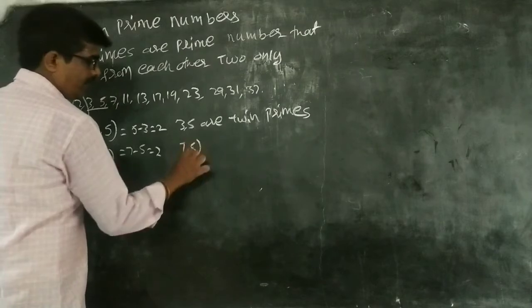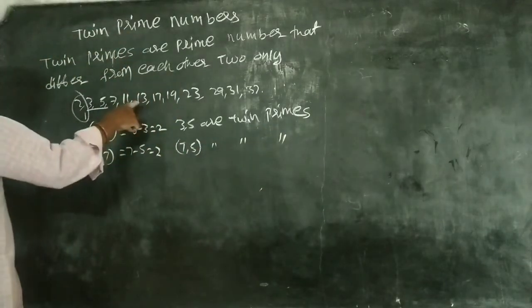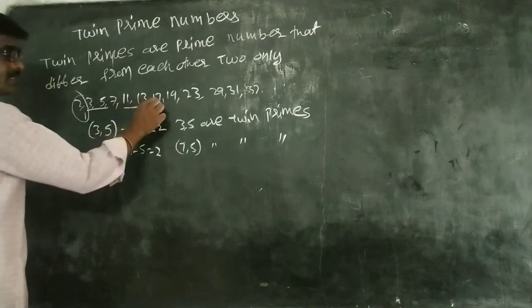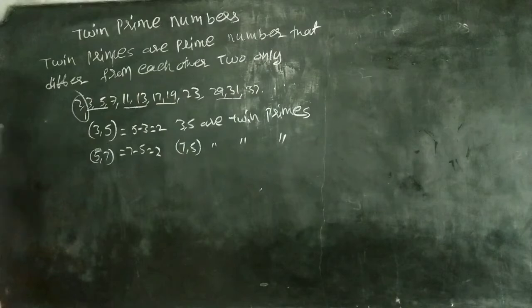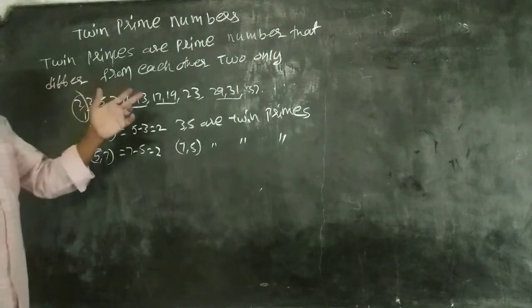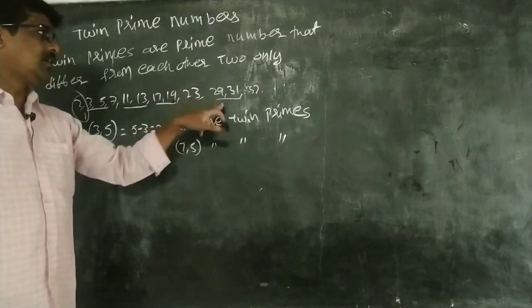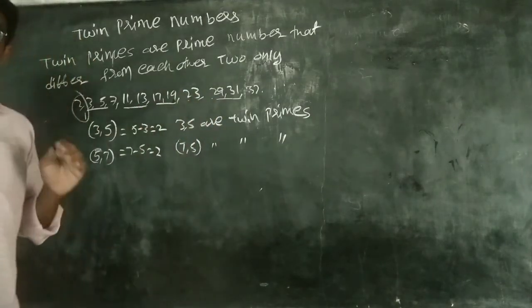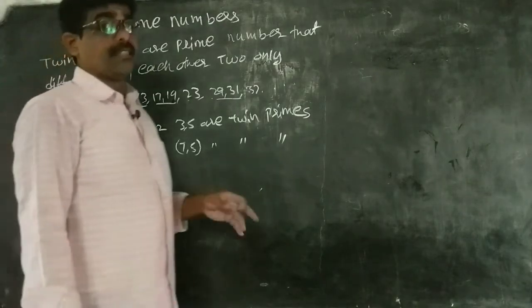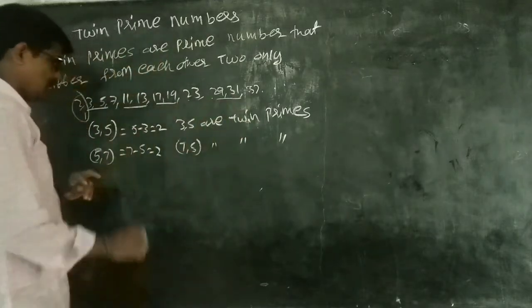Therefore 7 and 5 are twin primes. Similarly we also get 11 and 13, 17 and 19, and 29 and 31. For 23 and 29 the gap is 6, and for 19 and 23 the gap is 4, so these are not twin primes. Twin primes means they are prime numbers, but they should differ by 2 only.